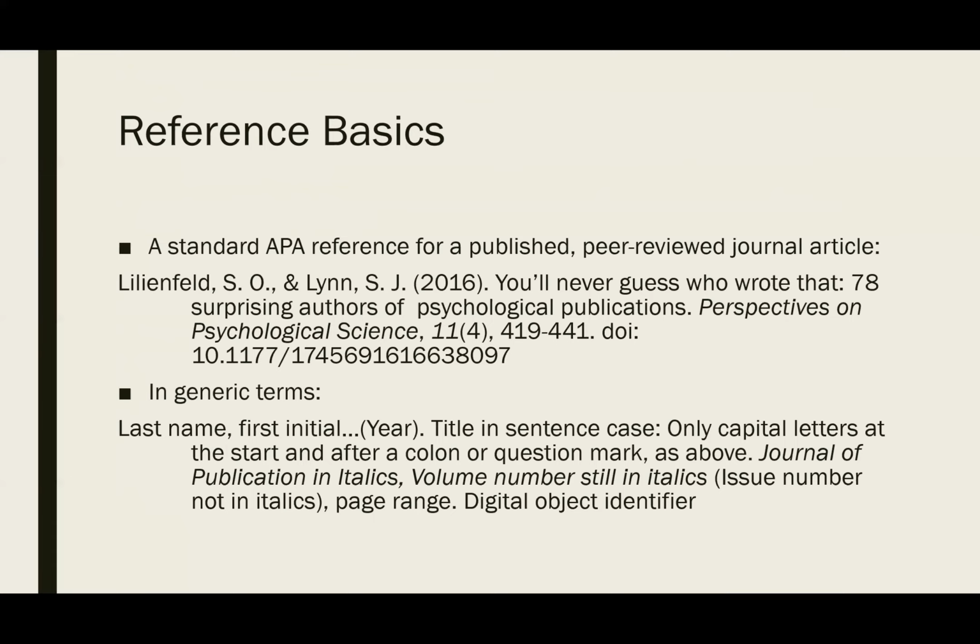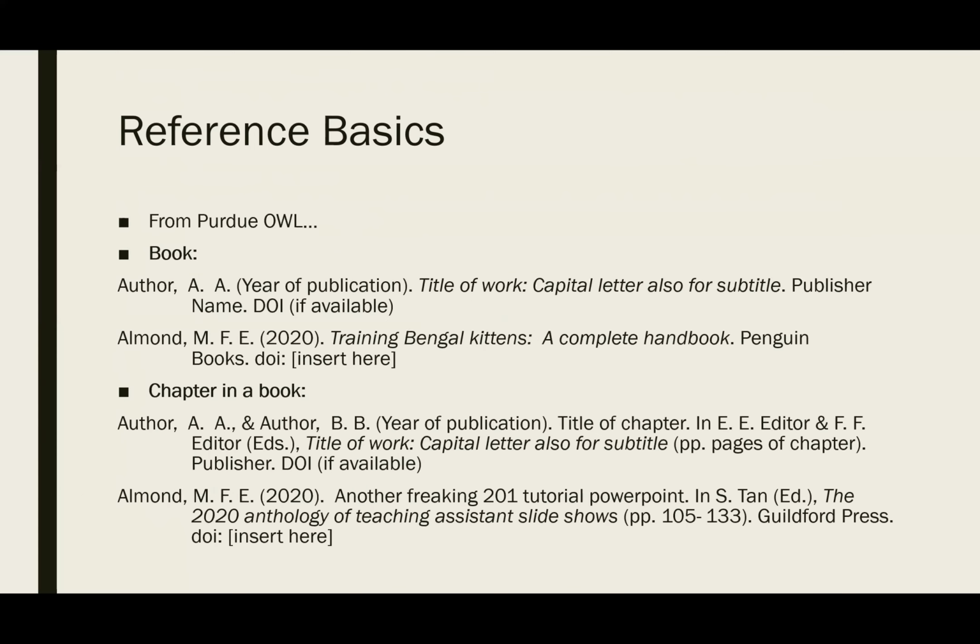You'll see different versions of this, but if it's just a regular published journal article, you italicize the journal publication, the volume number still in italics, and then the issue number not in italics, and then the page range. And then you put the digital object identifier if it's a newer article and it gives it, or often people call this the DOI. Of course, on the last slide, they would all be double-spaced if they were actually in your reference pages, I should say that.